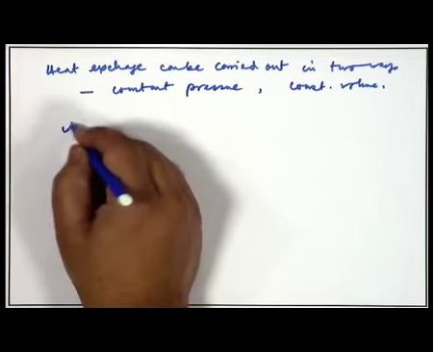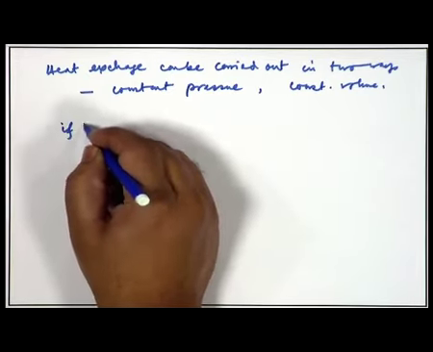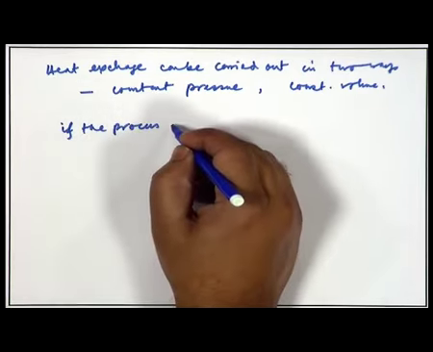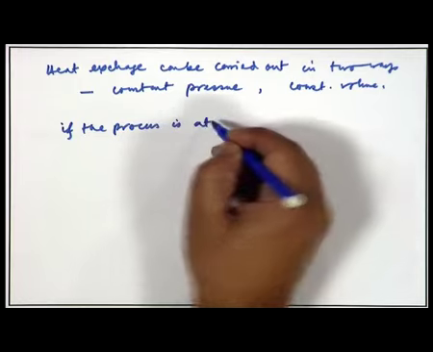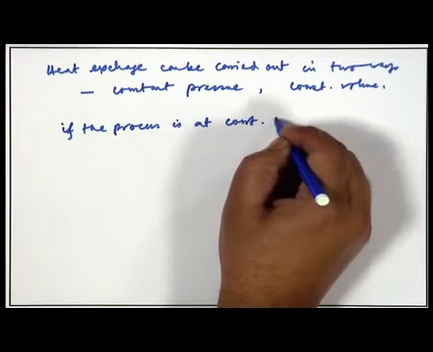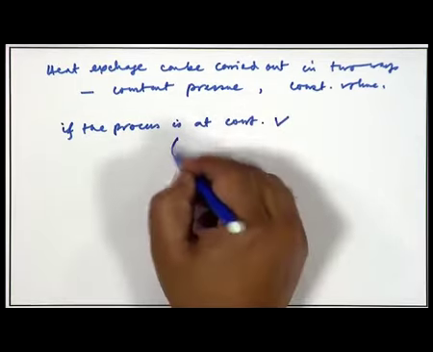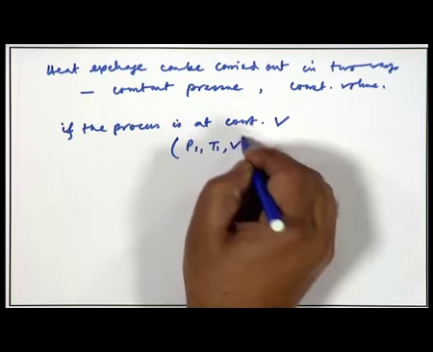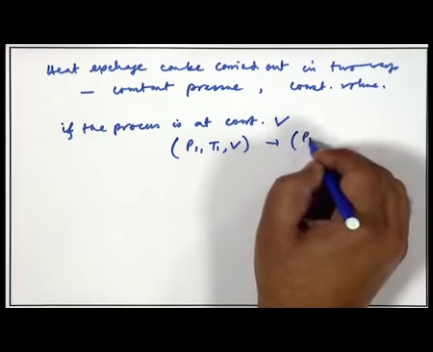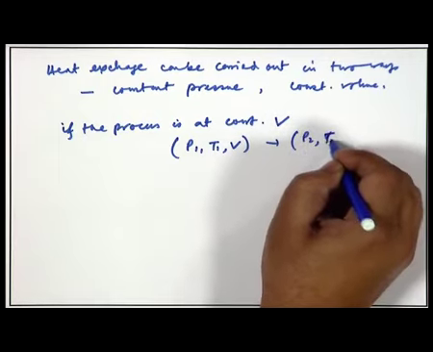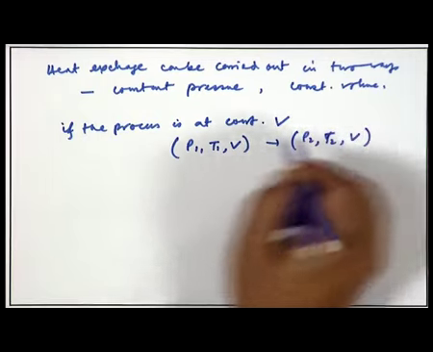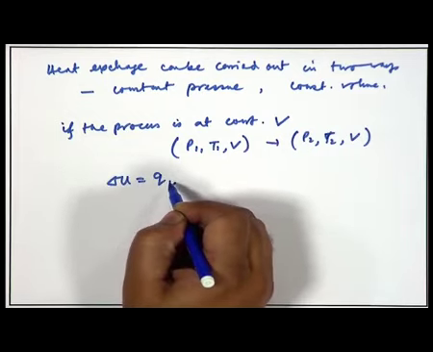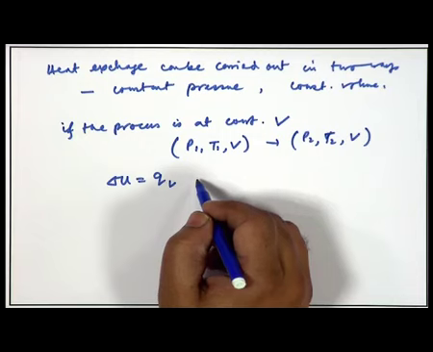Now, as we have seen earlier, if a process is at constant V, like the example we had earlier, P1, T1, V to P2, T2, V, then we know del U is QV as W is 0.